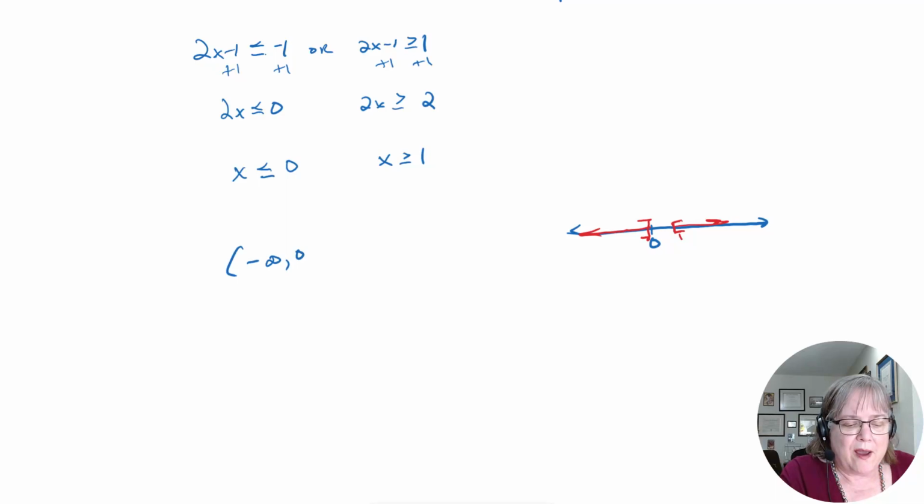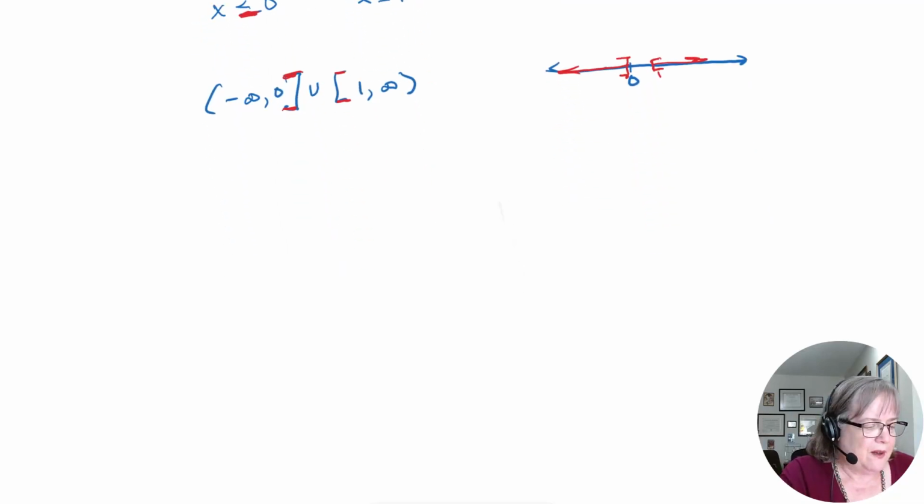Now remember, if you have an equals, you lock this off. And you can never have a squared off brace next to infinity because you never get to stop. Some students remember this because if you've got this equals underneath here, it reminds them of these flat parts of the bracket. All right. Hope that helps.